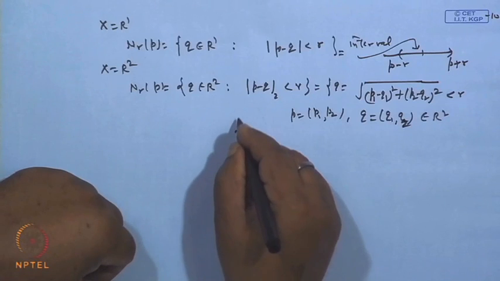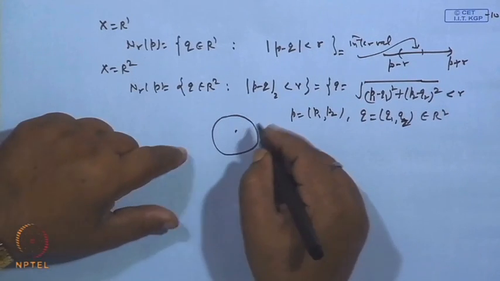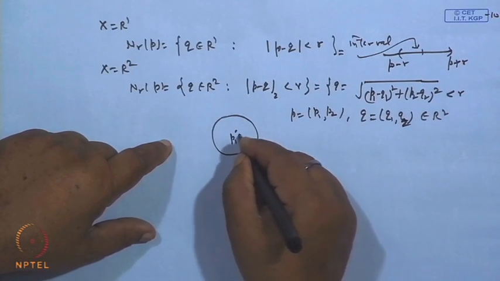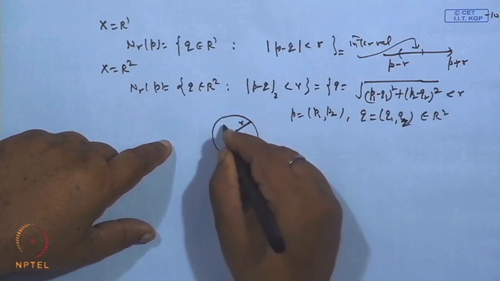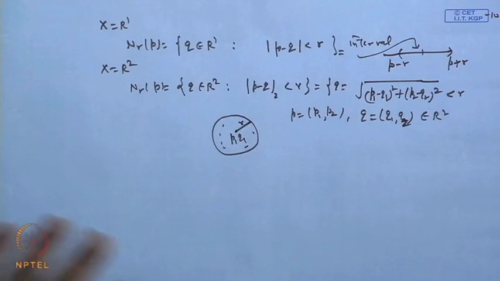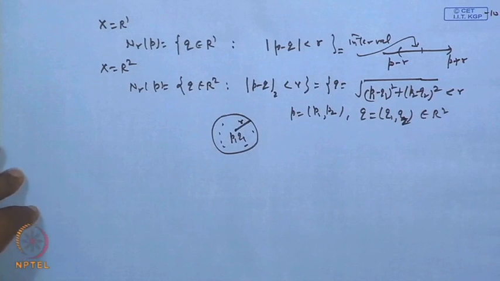So it is a ball centered at P with radius R, and all such points will be here. This is the neighborhood. Similarly, we can go further.